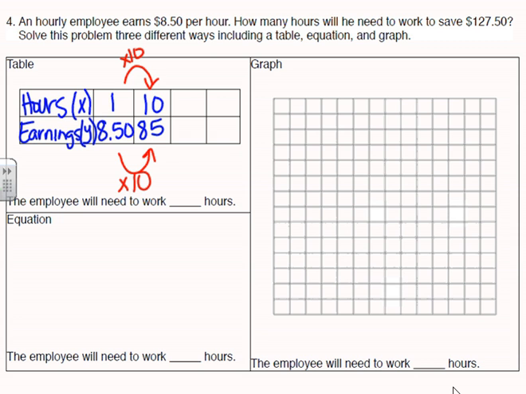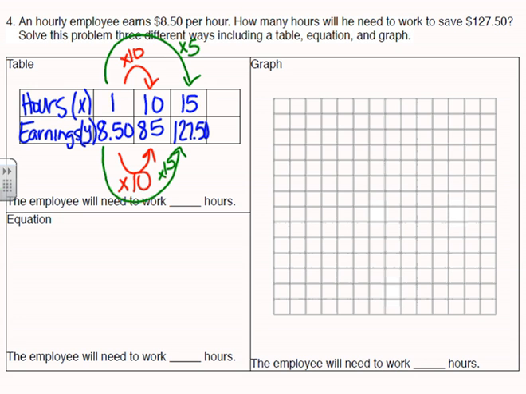Okay, if I double it again to get to 20, that's going to be a little bit too high. So I could do 15 and test that one. So now I'm going to multiply times 15 and times 15 again. And $8.50 multiplied by 15 is going to give me $127.50. So that actually just happened to work out.